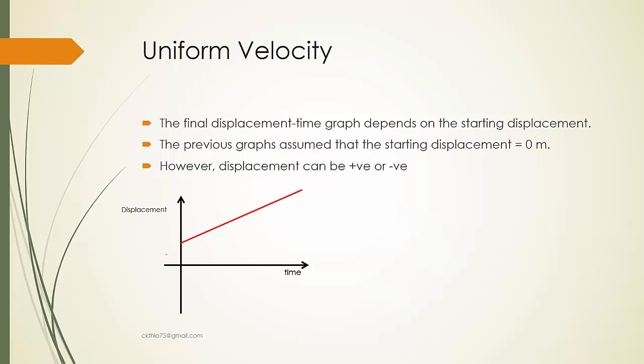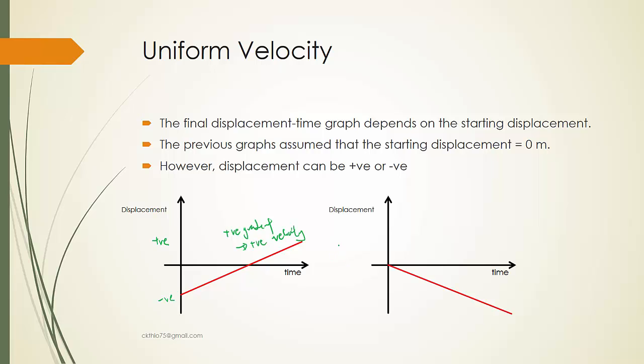This means that it starts off with a positive displacement, and it could also start off with a negative displacement. But you realize that this is always a positive gradient, which means that it is positive velocity.